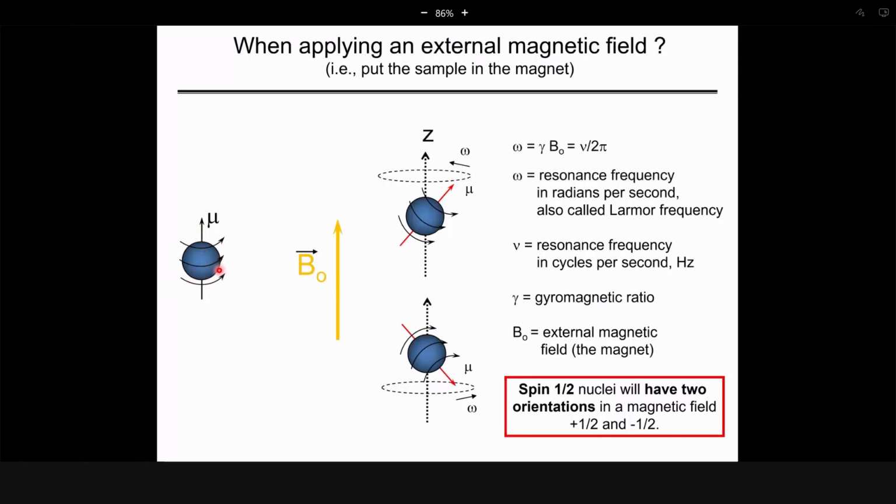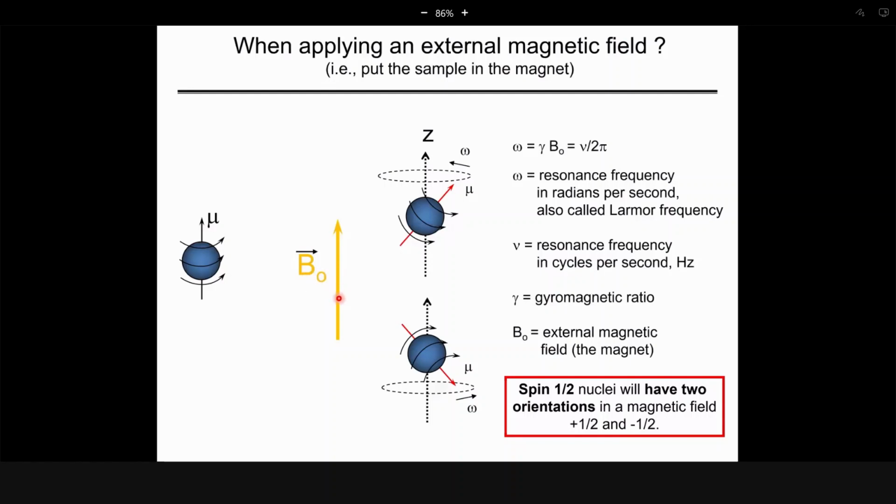This first magnetic field depends on the machine you use to get the spectrum. The power of the spectrometer is characterized by the value of this magnetic field, which is called B0.